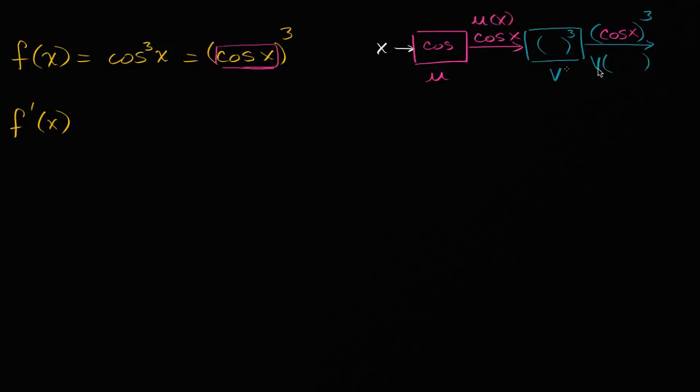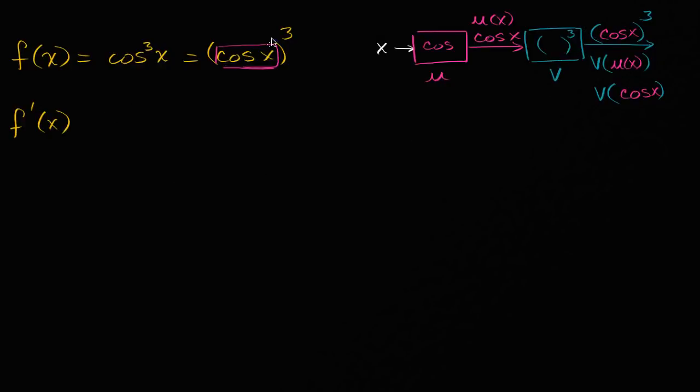V of u of x. Or another way of writing it, that's the same thing as v of cosine of x. And so v, whatever you input into it, it just takes it to the third power. If you were to write v of x, it would be x to the third power.